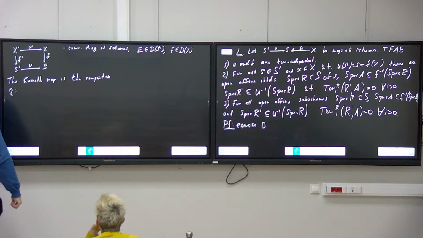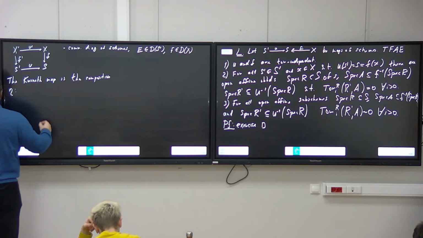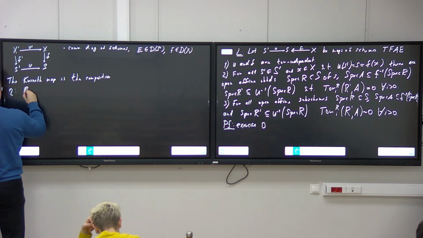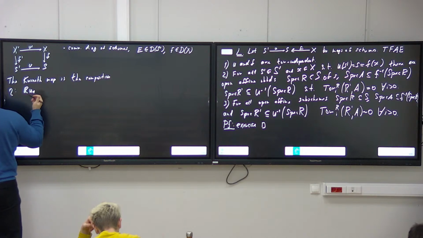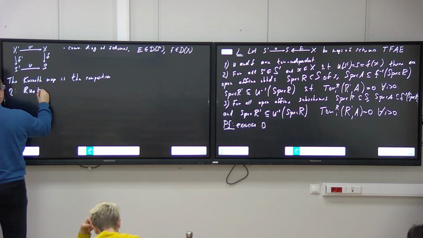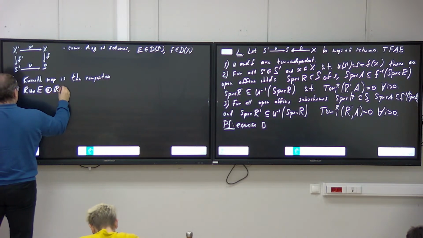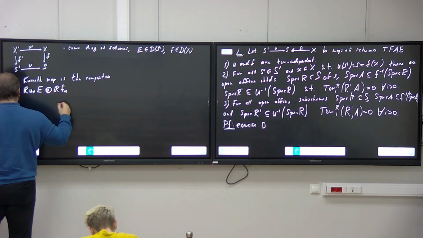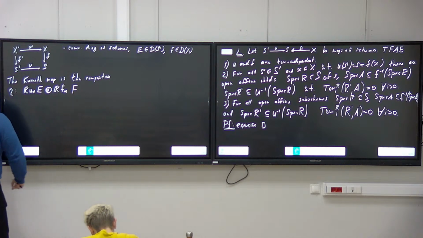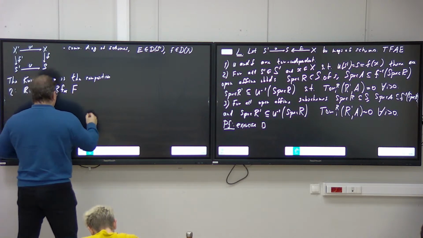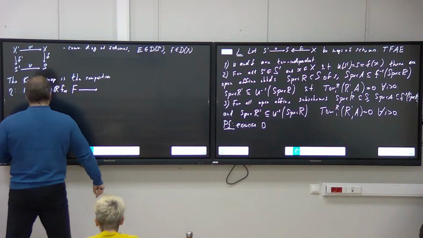That will be my standard notation. I take the push forward of E, everything is derived, take a tensor product with the push forward along the map F of the object F. There will be several applications of the projection formula.